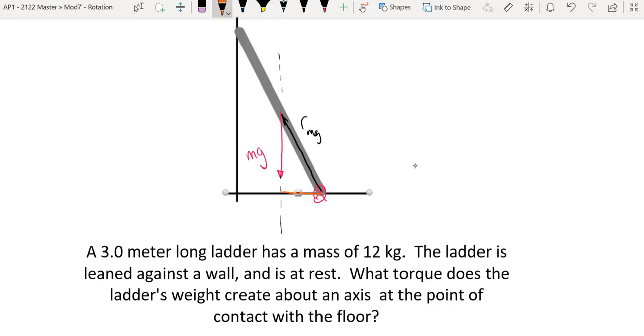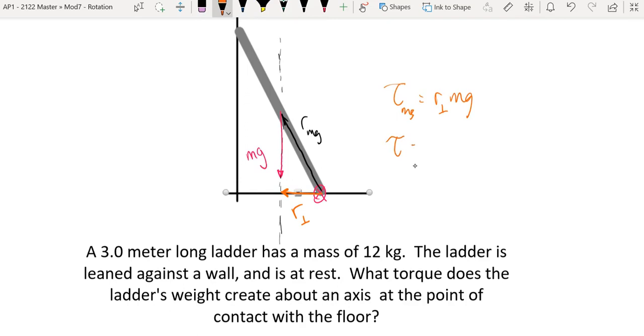So here is a component of R perpendicular to mg. Notice what I did here is I extended the line of action of mg. It's a pretty good skill to have when you're trying to do torque analysis. So in this case, I would say the torque created by mg is R perp times mg.